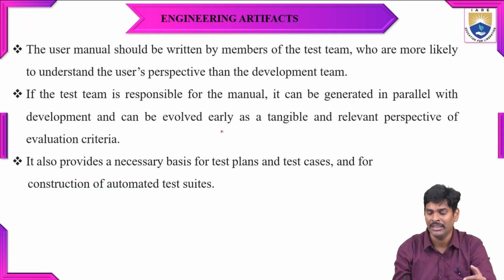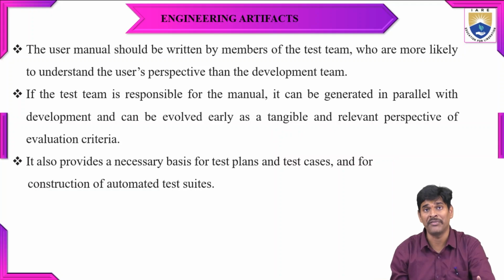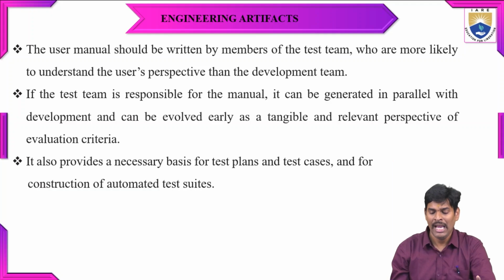So they are checking it as a tangible. We know that tangible is nothing but something we can sense and feel. Based upon that we can check the relevance of the different emerging criteria for doing the manual. And also we have the test plans and the test cases.